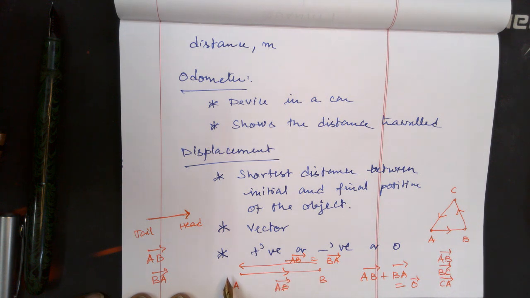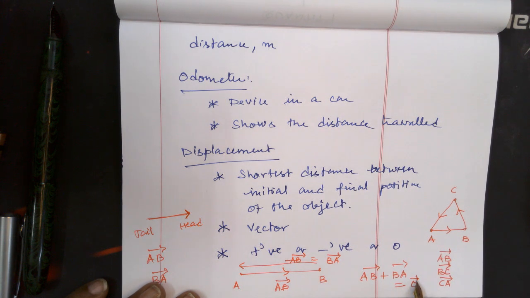It means the net displacement is zero. The direction is indicated like this, but the net displacement is zero, that is a null vector. So this is called a null vector. Okay, take that.